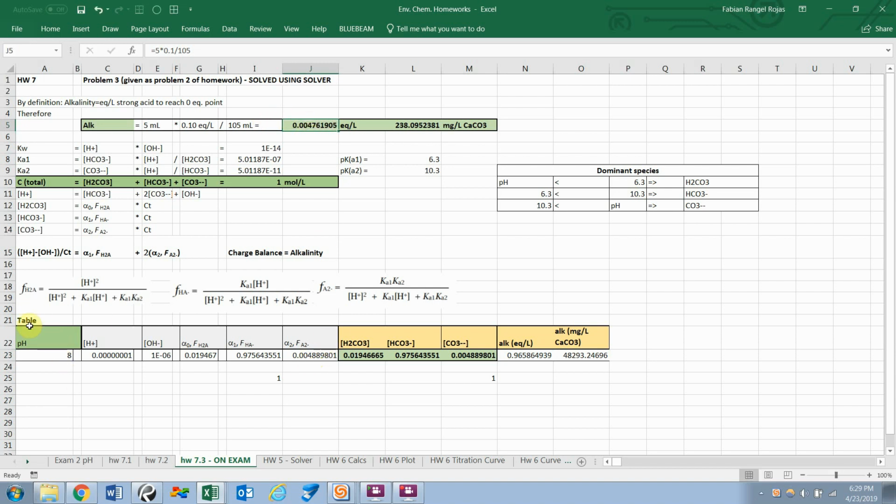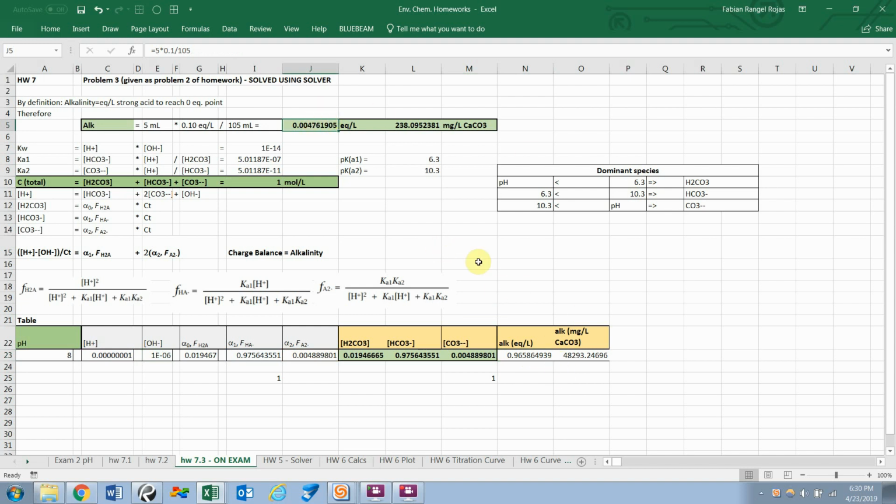I guess I should say that again to make it more clear. I can give Excel an equation for alkalinity that depends on different variables, and I can ask solver to change their values so that the alkalinity calculated through solver is equal to the value that I calculated at the beginning of the problem.